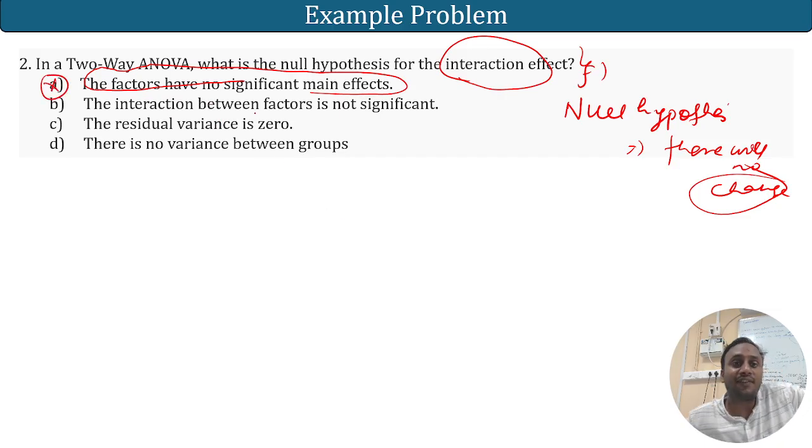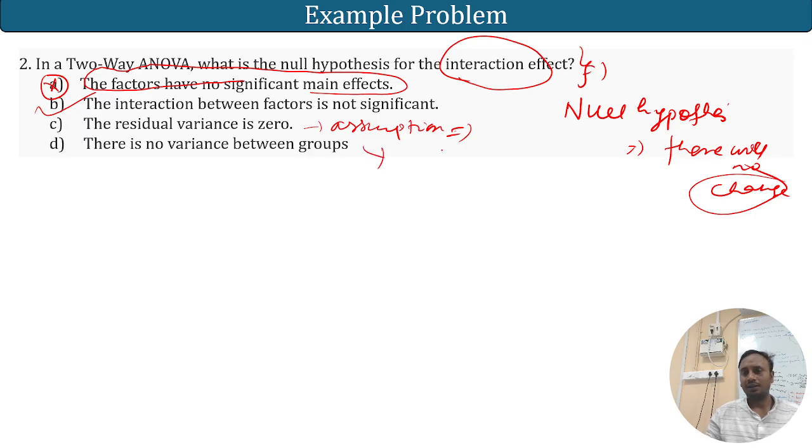Then, the interaction between the factors is not significant. Yes, because it's a null hypothesis. Residual variance is zero? It's an assumption, not the hypothesis. There is no variance between the groups?